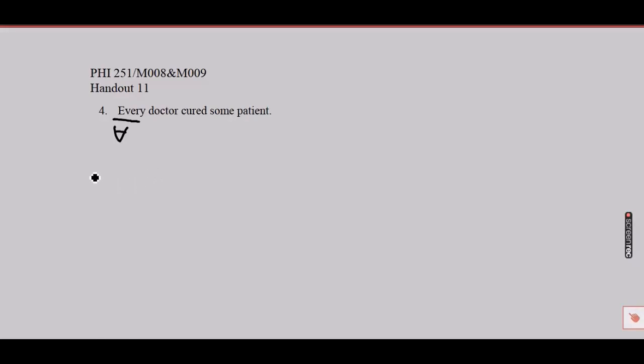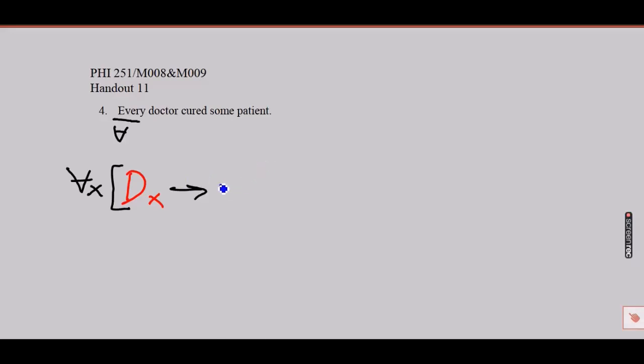So let's say that for all x, then we put the restrictor, doctor, then we use an arrow to connect it to the main, and the main is that x cued some patient.